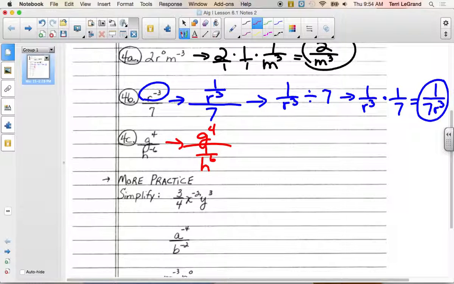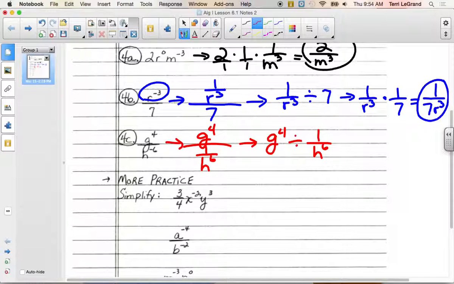Now we're going to rewrite it with a division symbol so we can see what's really happening here. We have g to the 4th being divided by a fraction. Well, what do we do now? Change it to multiply by the reciprocal.